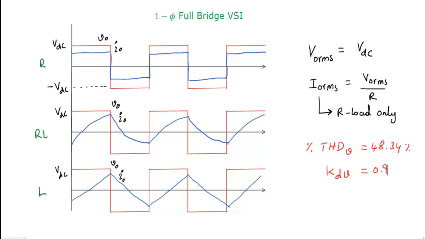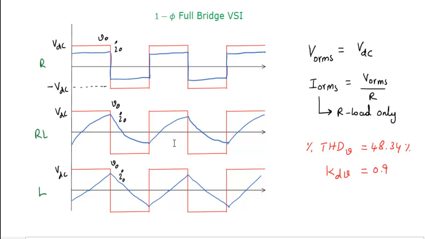Whatever statements we discussed in the half-bridge inverter, the same can be applied here. For the resistive load, the current waveform is exactly similar to the voltage waveform in shape. In that case, current distortion factor and percentage THD in current will be exactly the same as the voltage values. But in case of inductor load, voltage THD will be different and current THD will be different because the waveform shapes are different.